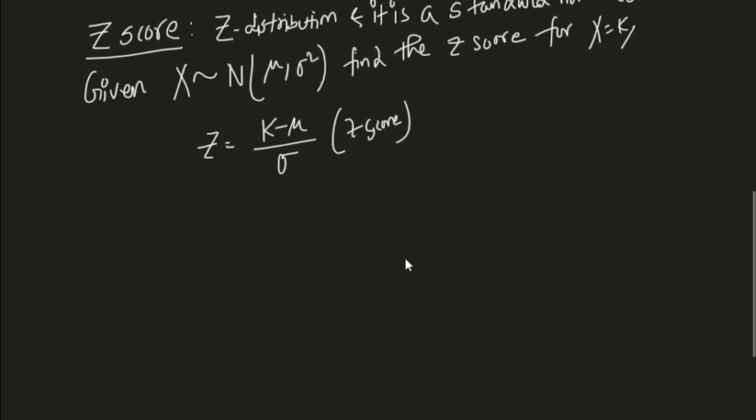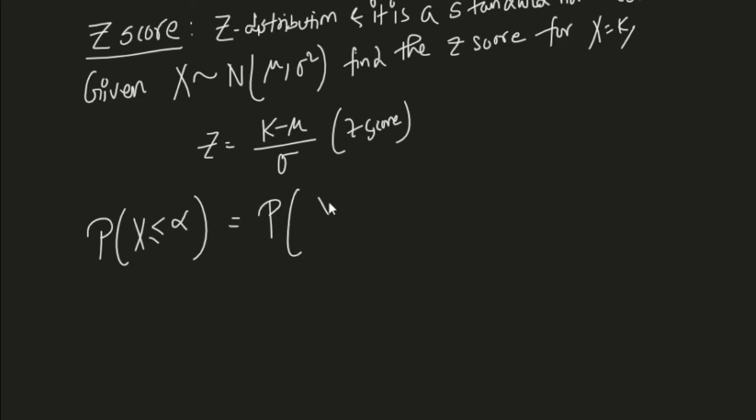Now how do we find probabilities of certain things? Suppose we have to find the probability of x less than or equal to alpha. Then we subtract the mean on both sides first, then we divide by the standard deviation.